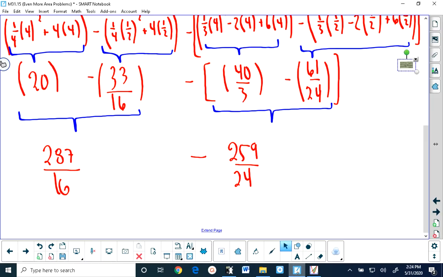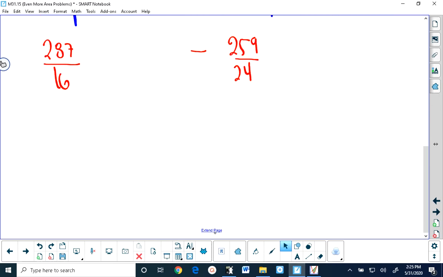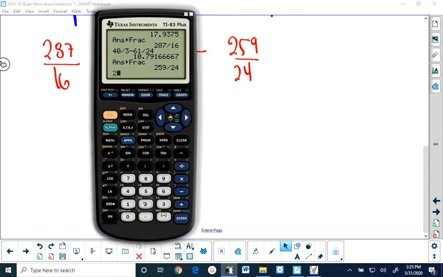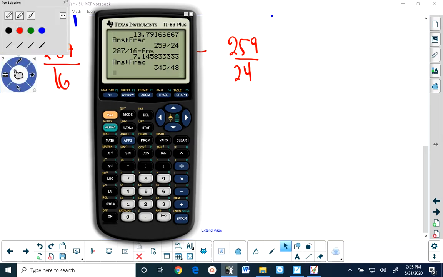And we've already established that you have to subtract those two areas in order to get the answer. So we're almost done. We need to take 287/16 and subtract the 259/24. And we get 7.1458 with a bunch of 3's, which happens to work out to, in fractional form, 343/48.